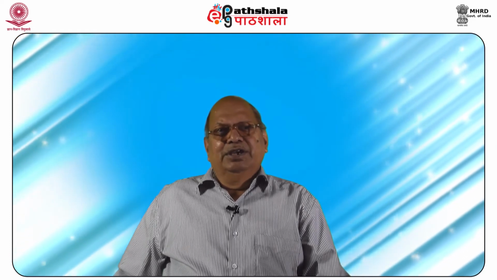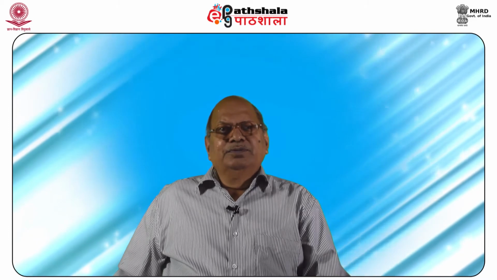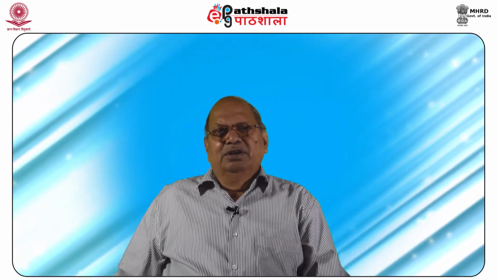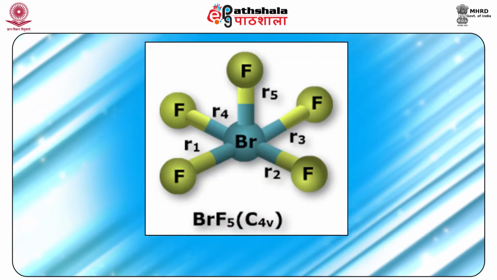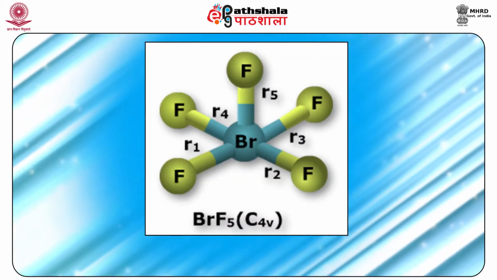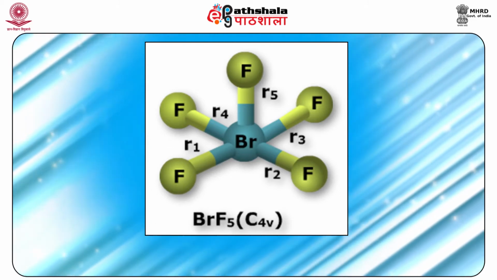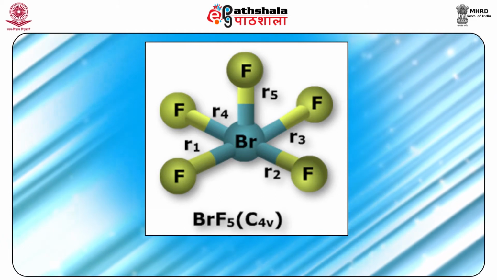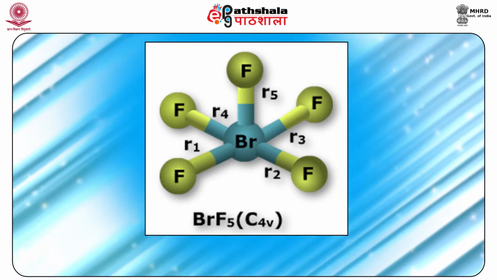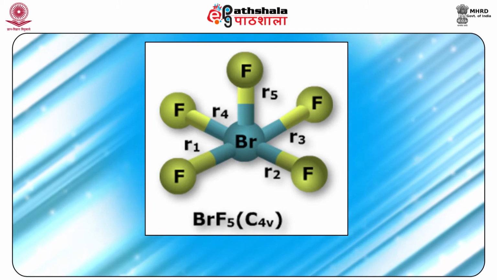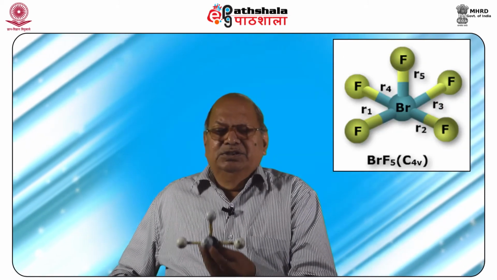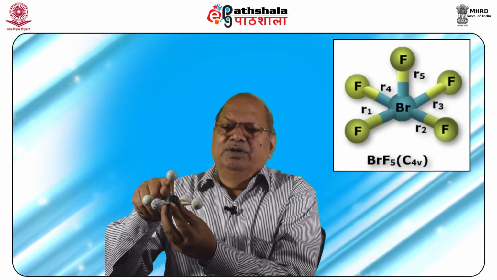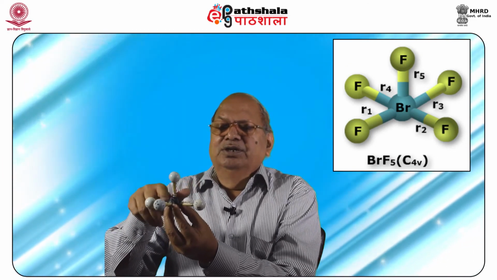Now let us take a second example of sigma bonding in an AB5 square pyramidal molecule. Let us take the example of BrF5. The structure of BrF5 is shown in the figure, that is, we have 5 bond vectors, 5 BrF bonds, and these are shown in this model also, that is, this is one BrF bond and these are another 4.